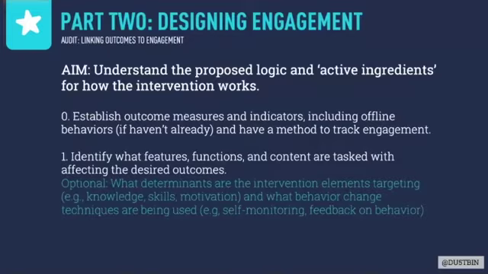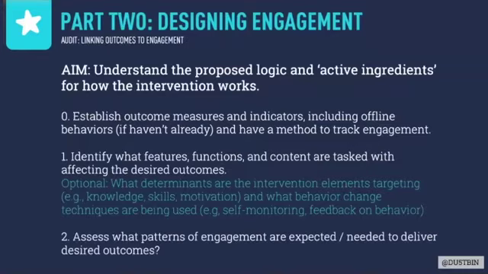We also can think about for those different features, whether that's a tracker, whether that's an article that I read, whether that's a community or a blog post, what's the purpose? What's the function of that element? Is it to motivate? Is it to build knowledge? Is it to build skill? And are these the constructs that need to change for behavior to occur? And again, the same with techniques as well: self-monitoring, goal setting, feedback.